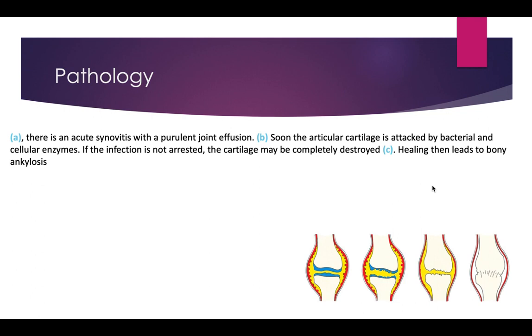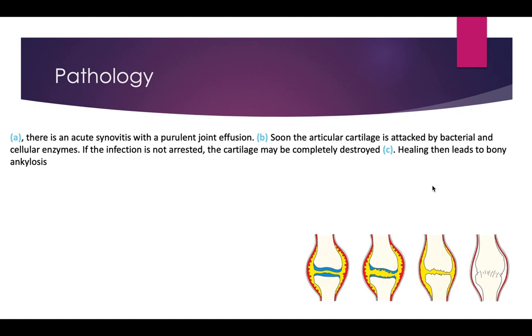This is different from bone. So when we have infection, it usually starts at the synovium, then it spreads to the adjacent cartilage, and it causes destruction to this cartilage by the enzymes which are released from the bacteria or the immunity. The cartilage may be completely destroyed or nothing will happen. If you catch the infection early or the immunity is very high, nothing will happen, healing will happen.